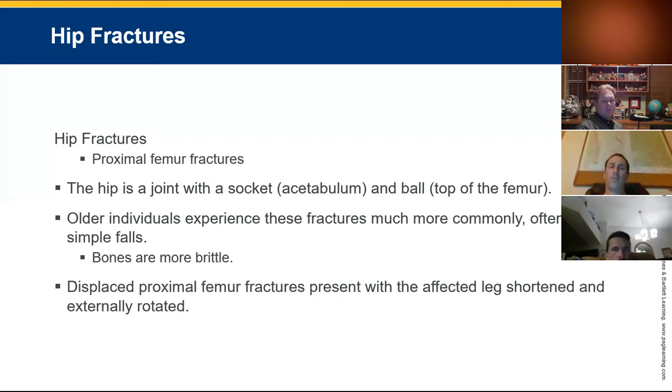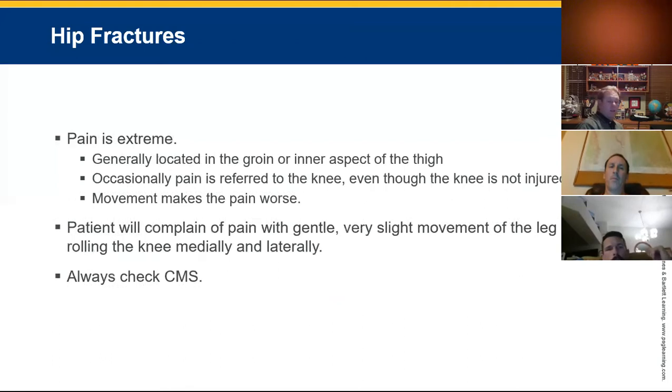And of course, it's one of the most common fractures that we see in our older geriatric population, which on our hill, we actually have a pretty big group of people in our 60s and older that enjoy skiing up there.